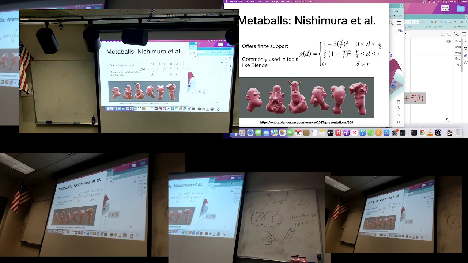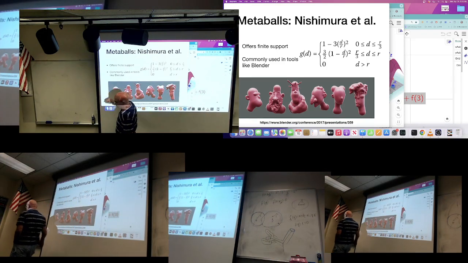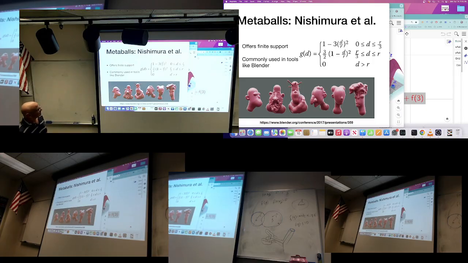Okay, if you look for Wikipedia and metaball, you'll get a bit more of the historical part about these functions that are the same idea, just work much faster and are not as complicated as the Gaussians.